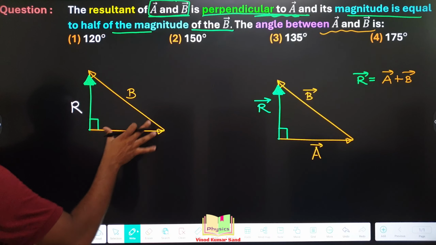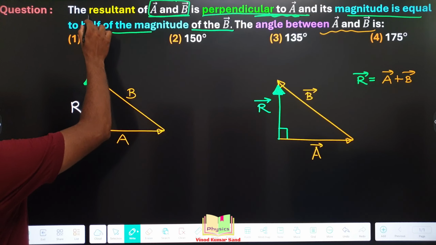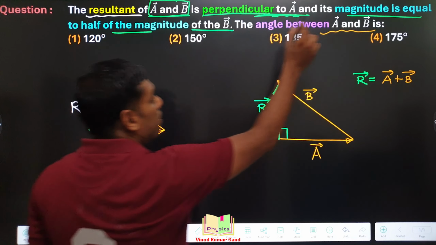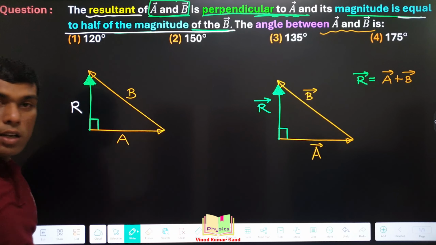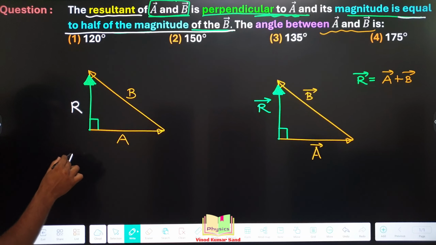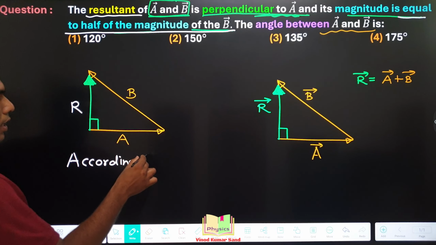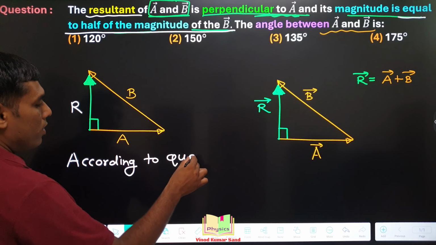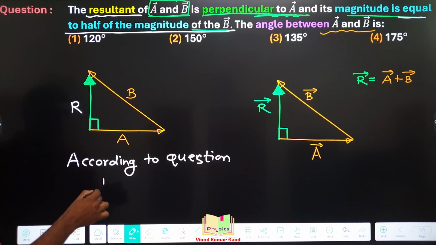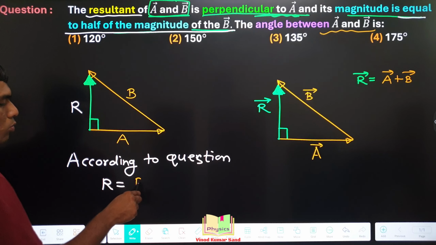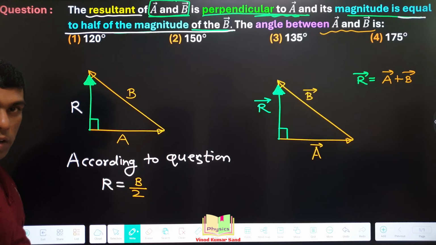According to the question, the magnitude of the resultant is equal to half of the magnitude of the B vector. It means we can write that R is equal to B by 2.